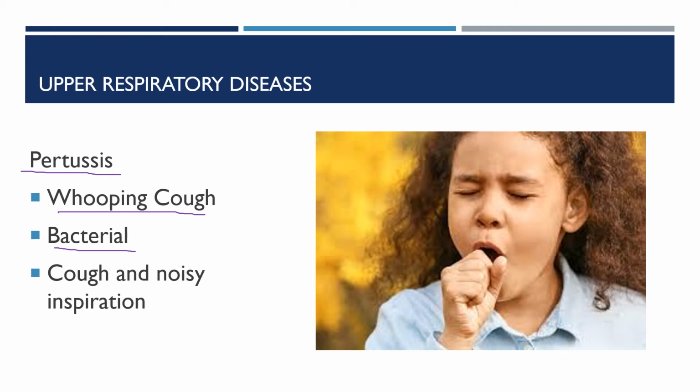Now, again, if you recall from the last slide we talked about, pertussis is part of the childhood immunizations. The DPT, the P in there, is pertussis or whooping cough. So again, we have a vaccine that helps keep the numbers of this very low here in the United States.